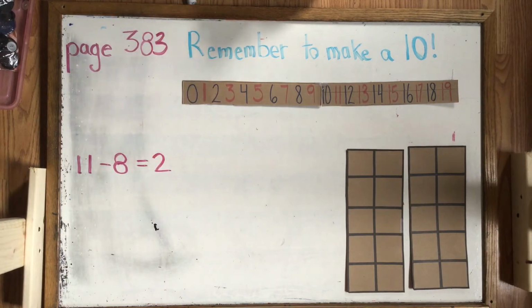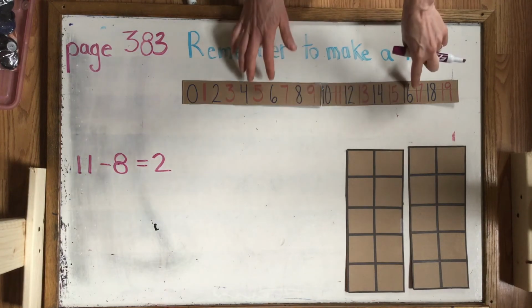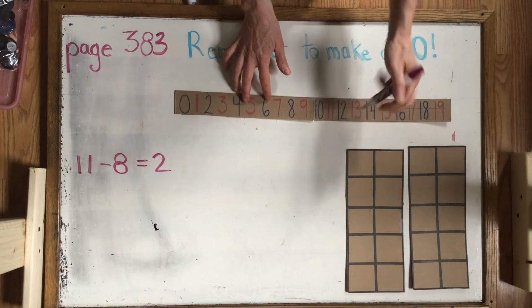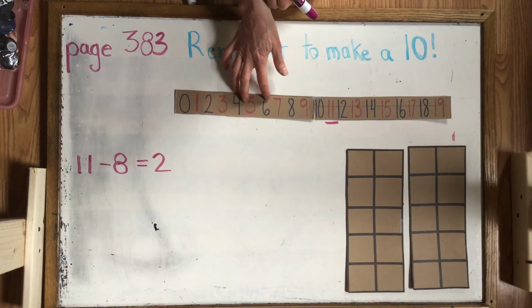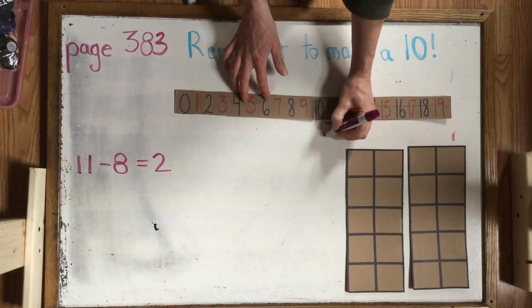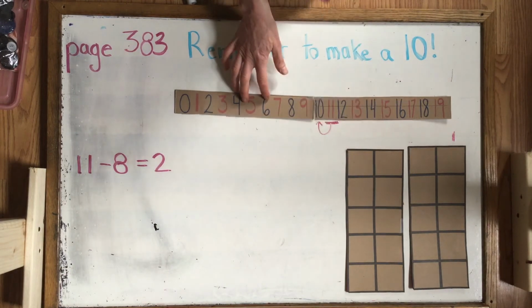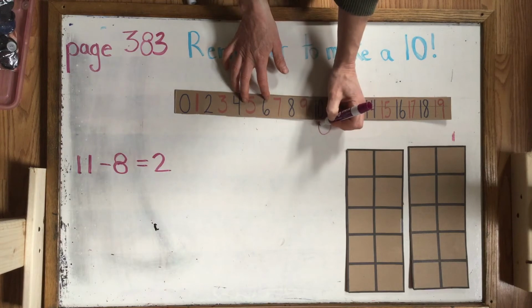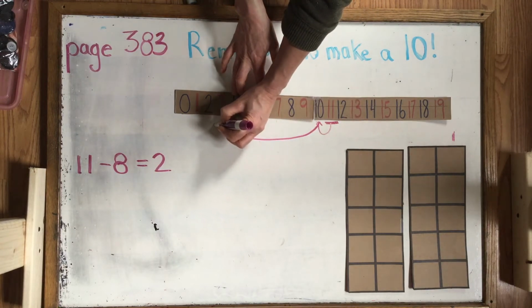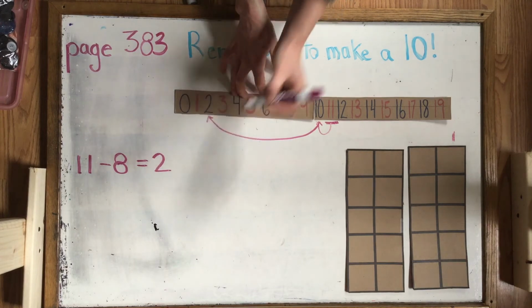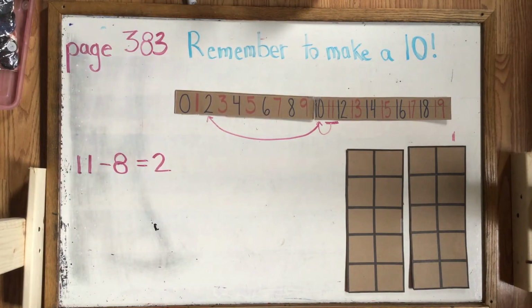What did he do wrong? So the book is showing me that Boom started at 11, and it looks like he wanted to make a 10, so he jumped back 1. But then he jumped back all the way to 2. What did he do wrong?